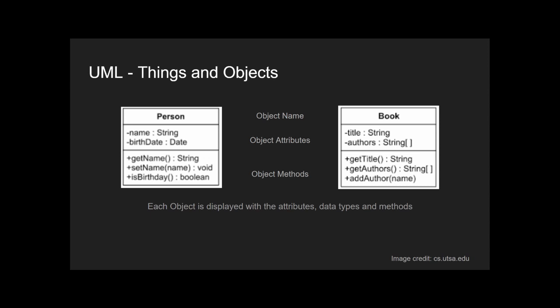The book object has a getTitle method, which returns a string, a getAuthors method, which returns an array of strings, and the addAuthor method, which presumably adds an author to that array. Each object in UML is displayed with the attributes, data types, and methods.